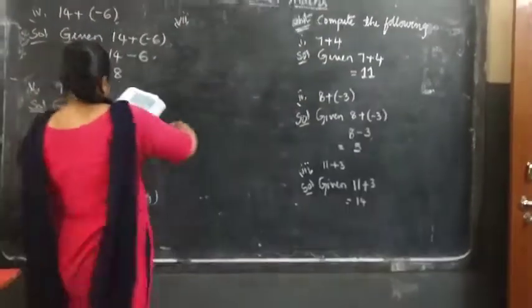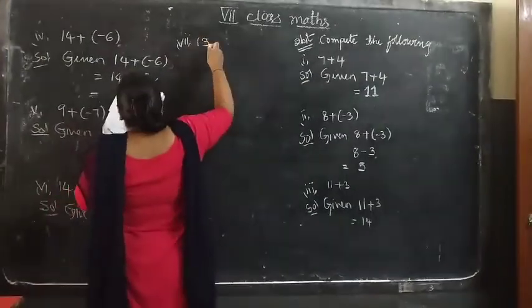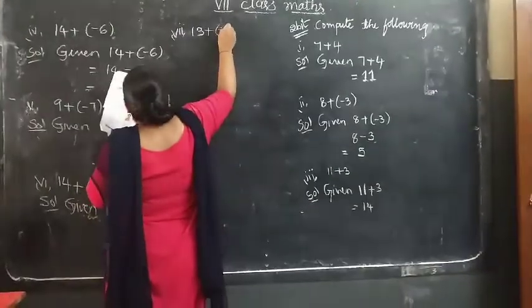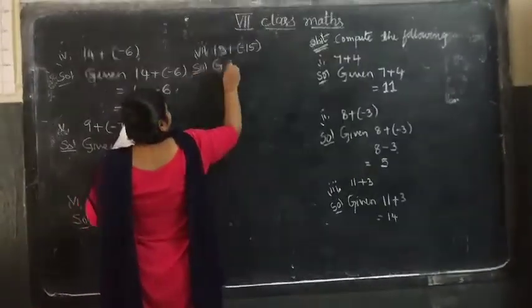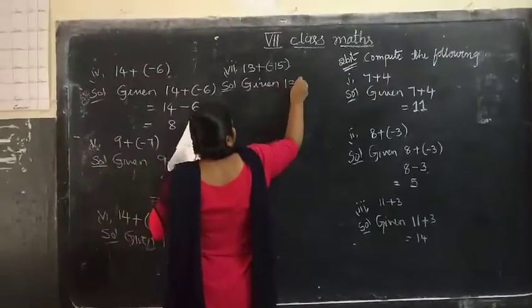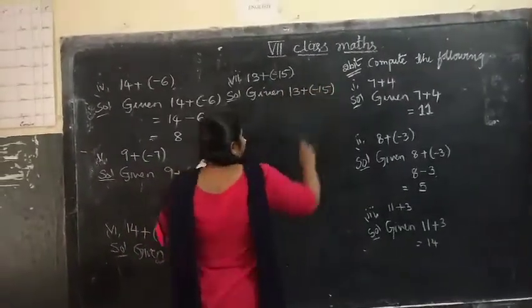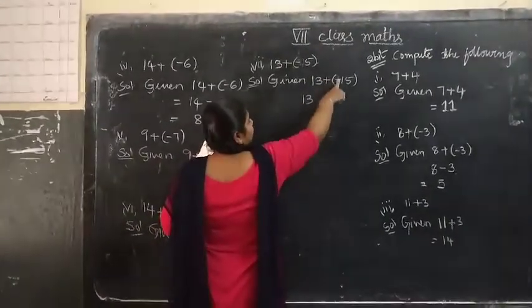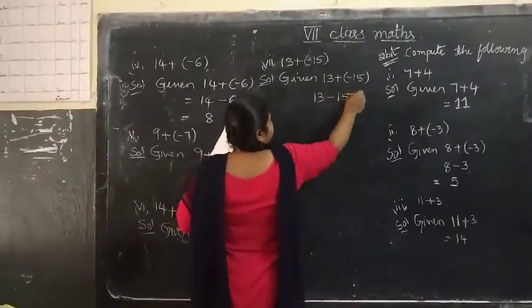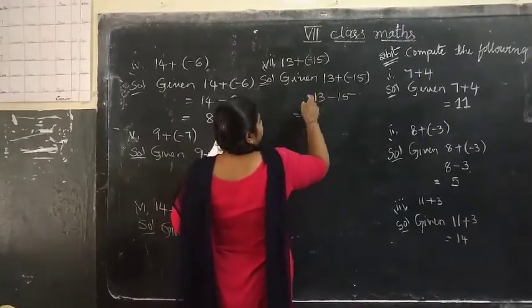Seventh, 13 plus of minus 15. So they have given us 13 plus of minus 15. So 13 write as it is, double sign make into single sign, plus into minus is minus 15. So here 13 sign is what? Plus.